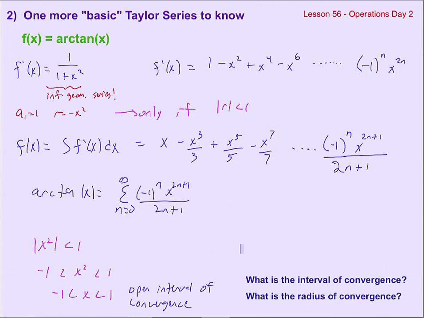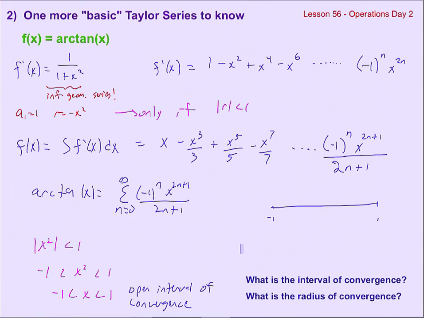Now, if we want to evaluate the arctangent of a number that is not between negative 1 and 1, we would just have to, like we saw last lesson, figure this whole thing out again centered on a different x value, which we're not going to do right now.